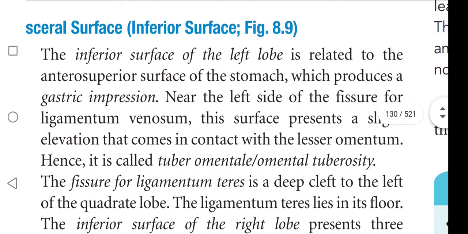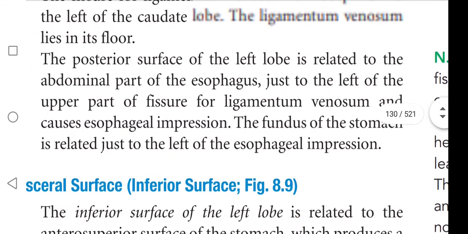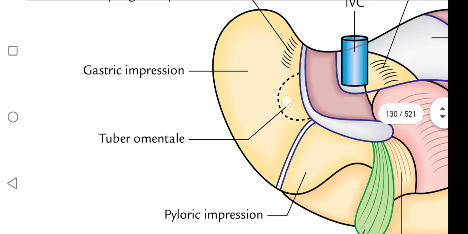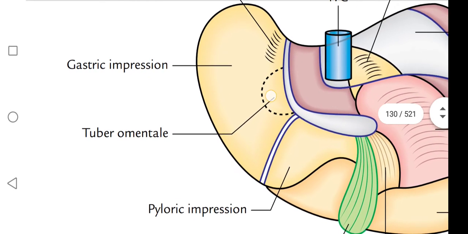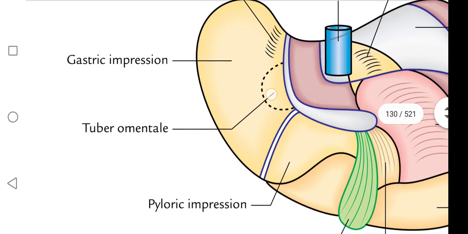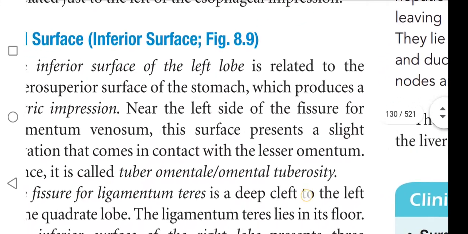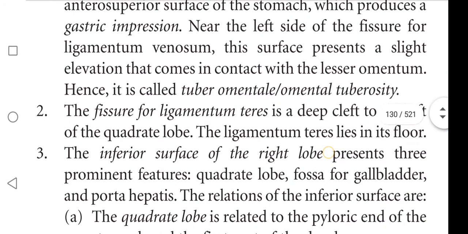We call this region tuber omentale, or omental tuberosity, because that is the slight elevation.